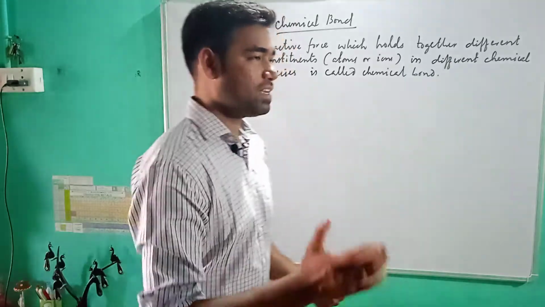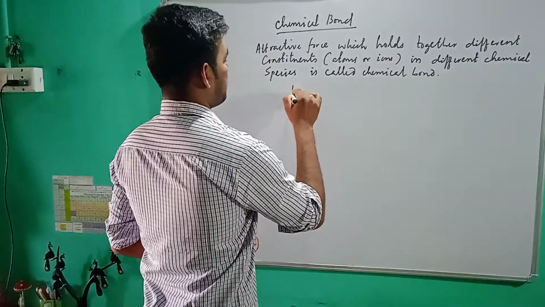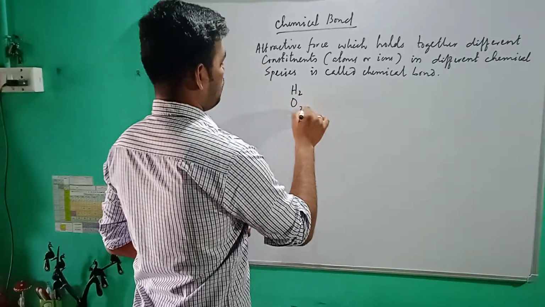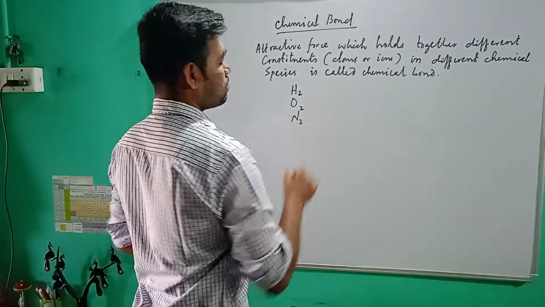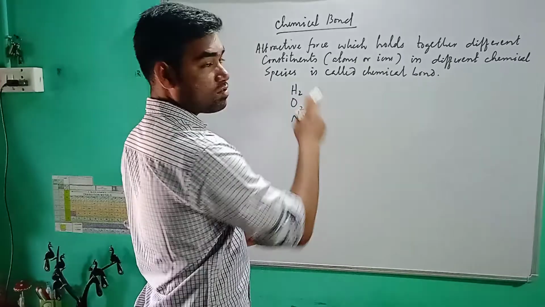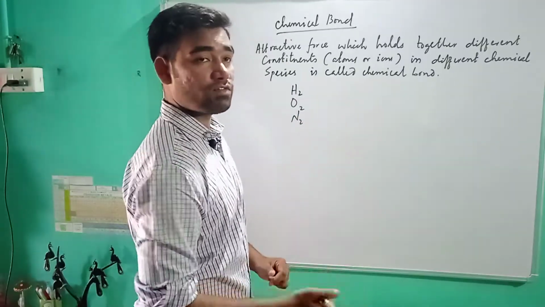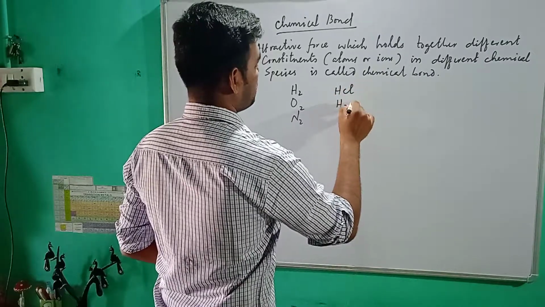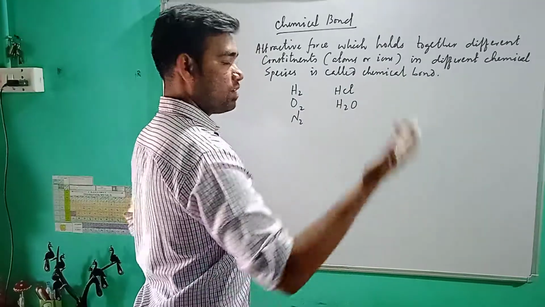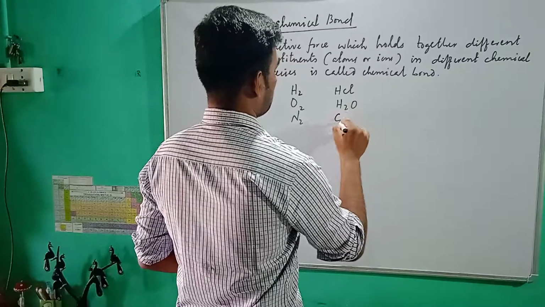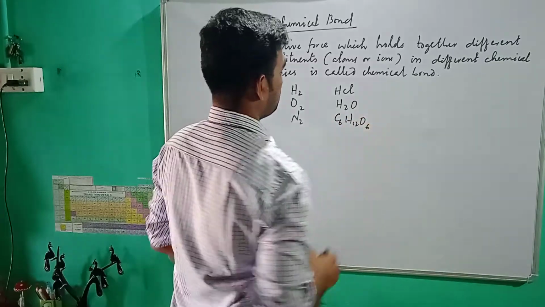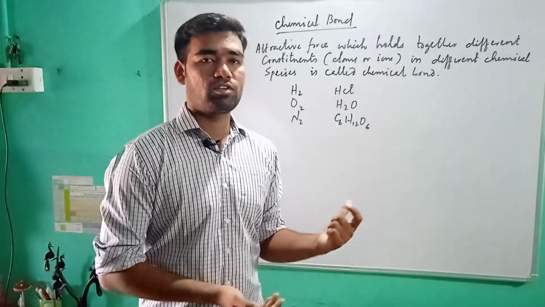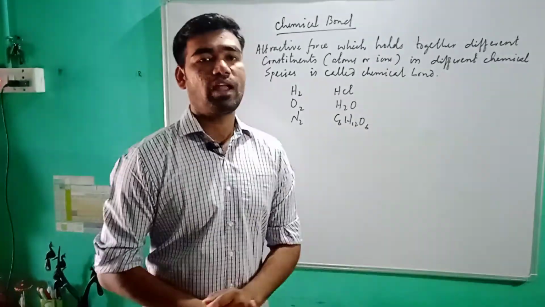For example, I am writing some molecules like hydrogen H2, oxygen O2, nitrogen N2. These are the molecules. And molecules of compounds like HCl, hydrochloric acid, water, you can take sugar also, C6H12O6. So these are all molecules, and in these molecules we see multiple atoms.